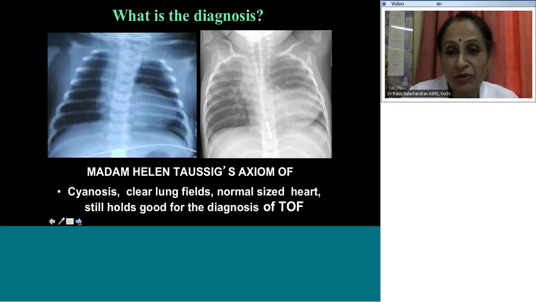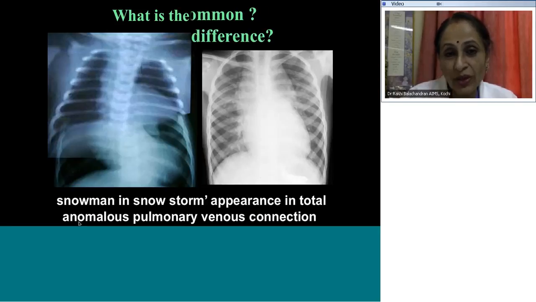So aortopulmonary collaterals favor pulmonary atresia rather than the regular tetralogy. What Madam Helen Taussig, the mother of pediatric cardiology, said, cyanosis, clear lung fields, normal-sized heart, still holds good for the diagnosis of tetralogy of Fallot. Is it clear?